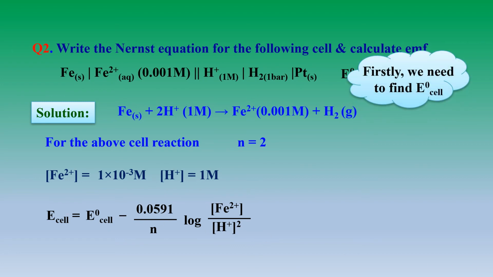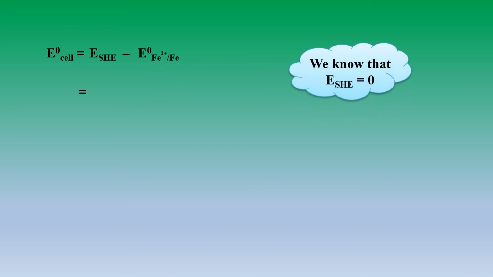Before going for the substitution, we should first find E naught of cell. E naught of cell is equal to E naught of cathode minus E naught of anode. Here the hydrogen electrode is taken as cathode because its SRP value is 0, and the SRP value of Fe2+/Fe is given and is less than that of the hydrogen electrode.